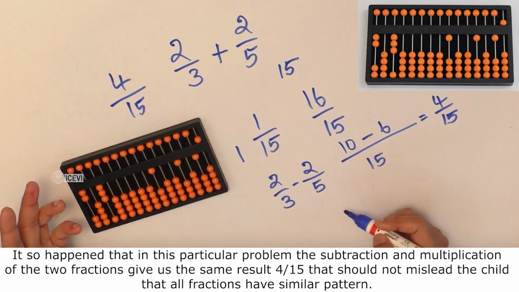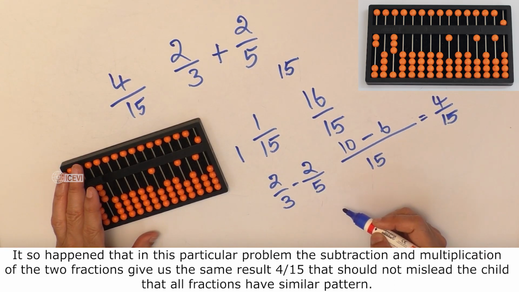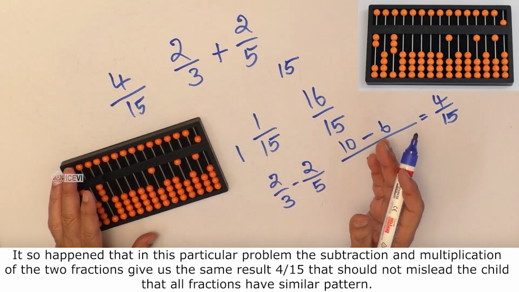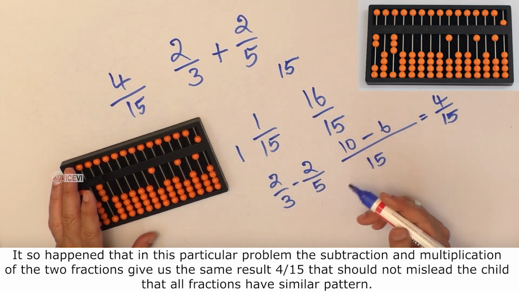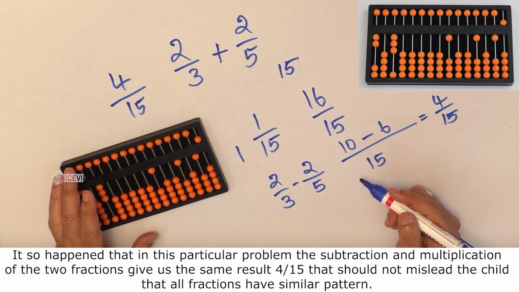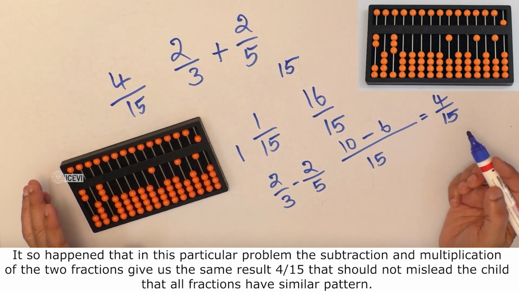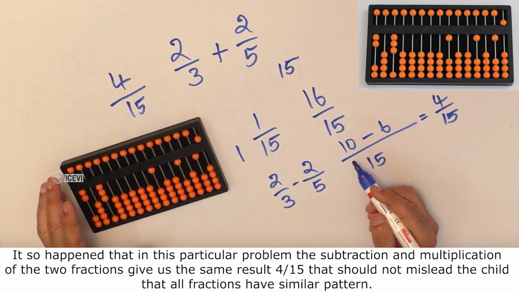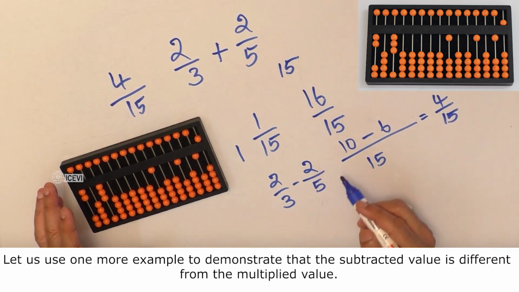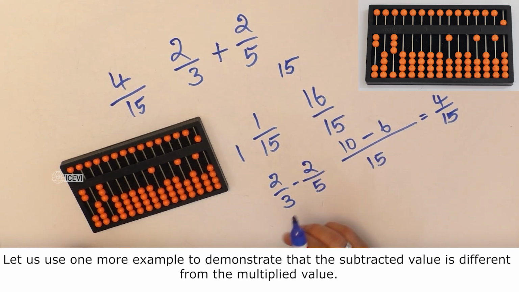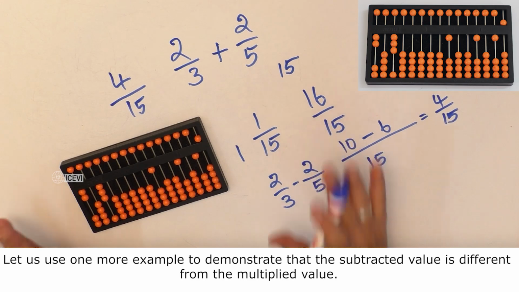It so happened that in this problem, the subtraction and multiplication of two fractions give us the same result, 4 by 15. That should not mislead the child that all fractions have a similar pattern. Let us use one more example to demonstrate that the subtracted value is different from the multiplied value.